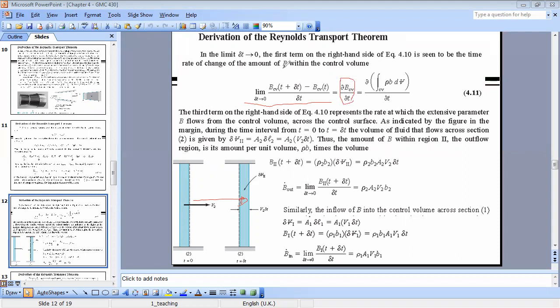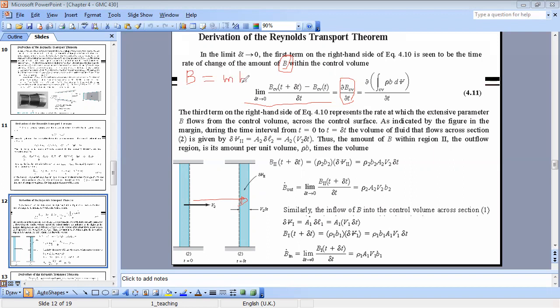And B, as we'll see, can be any property of the fluid. And in general, any property is specified per unit mass. So you can write that big B can be written as m, the mass, times small b.